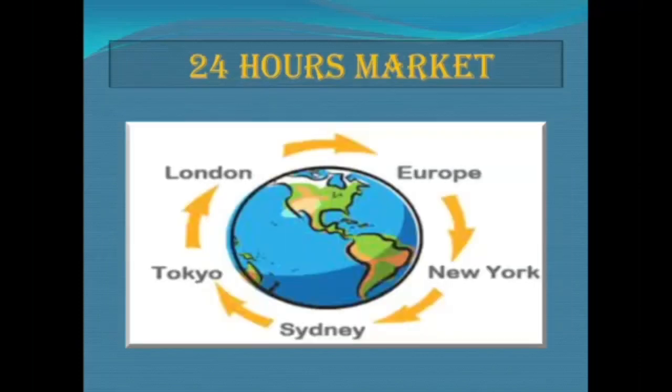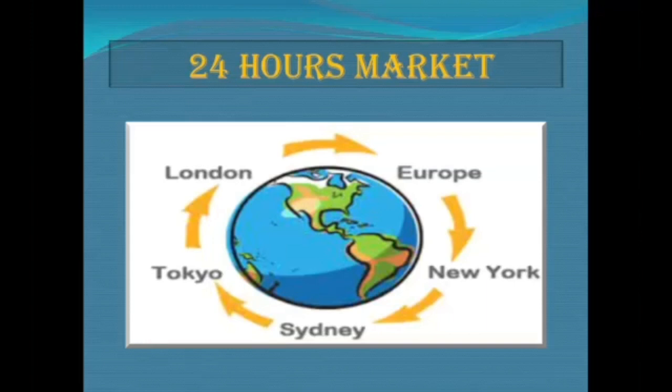Also, we're going to be discussing a 24-hour market. What is a 24-hour market? The forex market is a seamless 24-hour market. Most brokers are open from Sunday at 11 p.m. GMT until Friday at 11 p.m. GMT, with customer service usually available 24/7, with the ability to trade during the US, Asian, and European market hours.